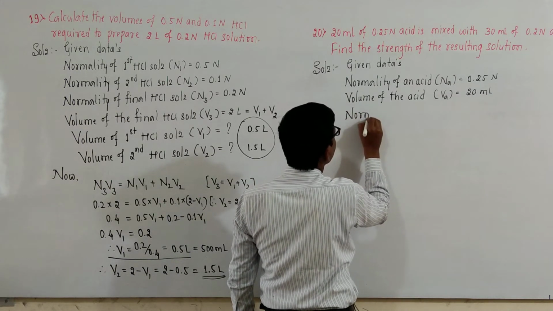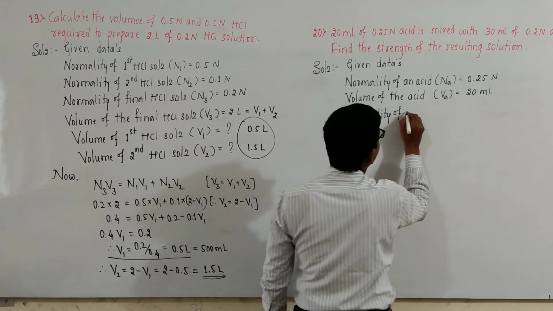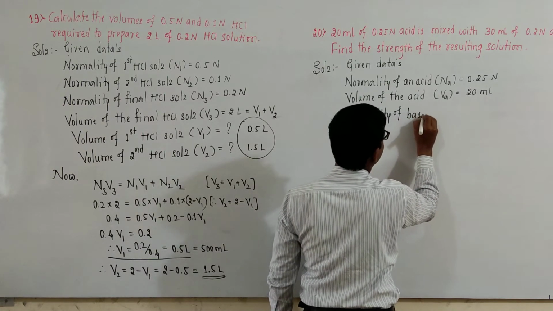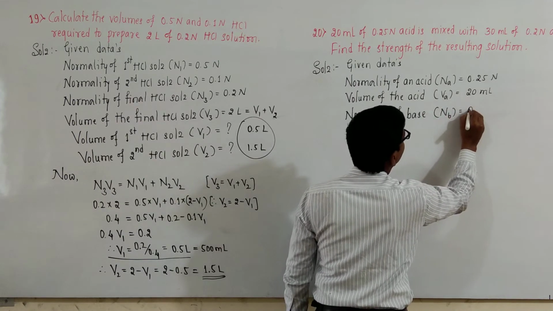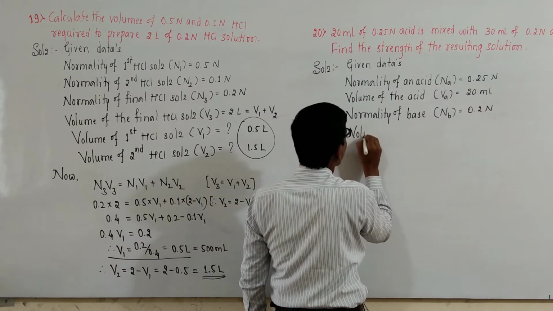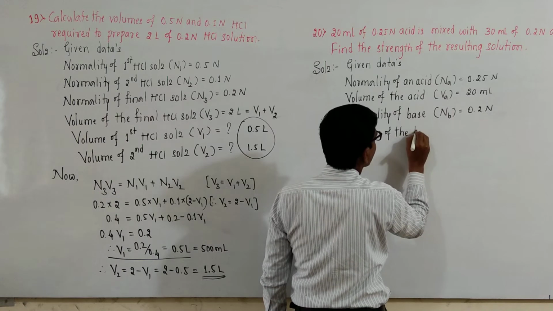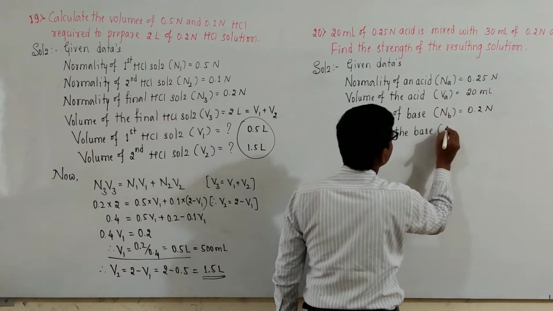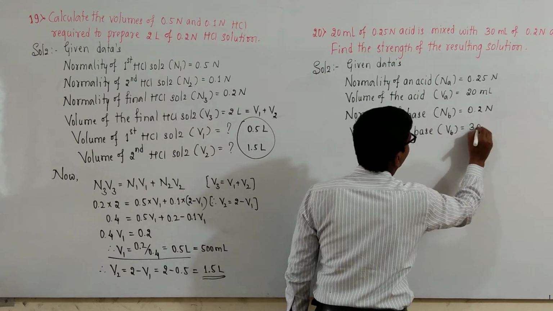Next is normality of alkali, which means base, that is Nb, is equal to 0.2 normal, and volume of base, that is Vb, equal to 30 ml.